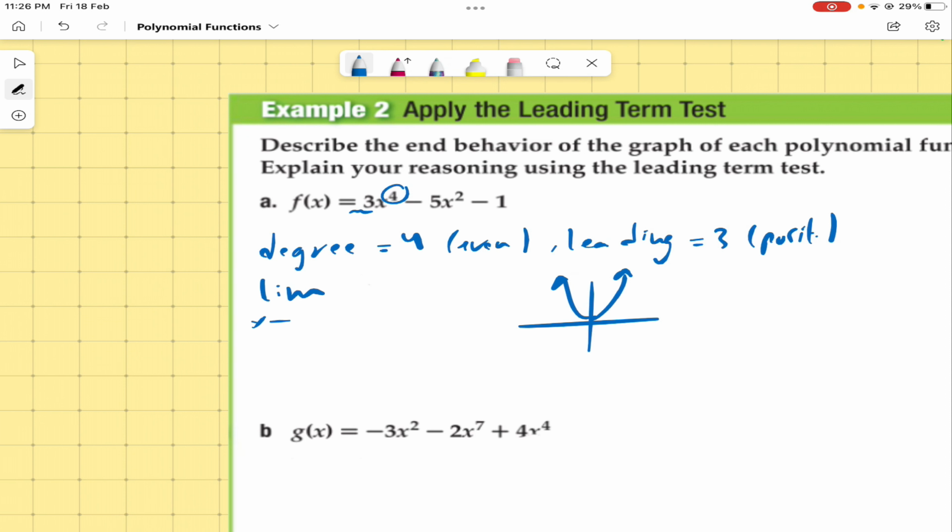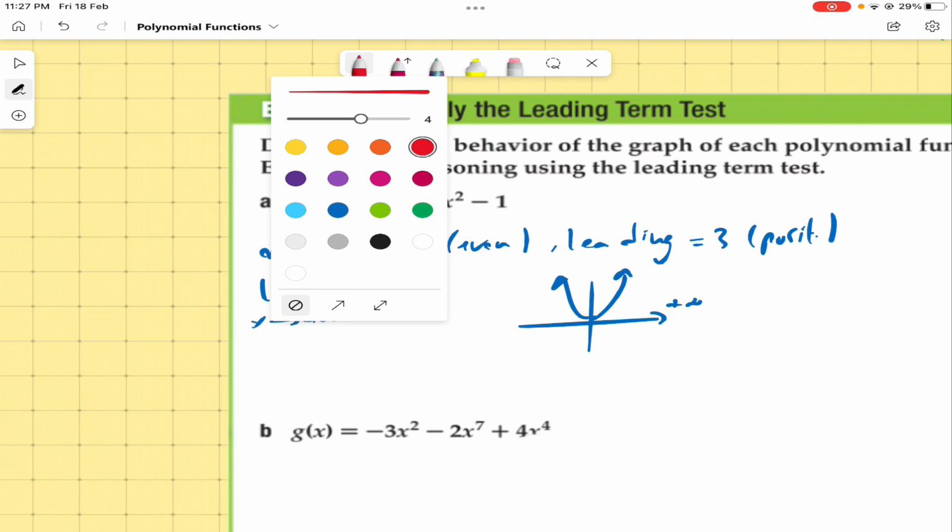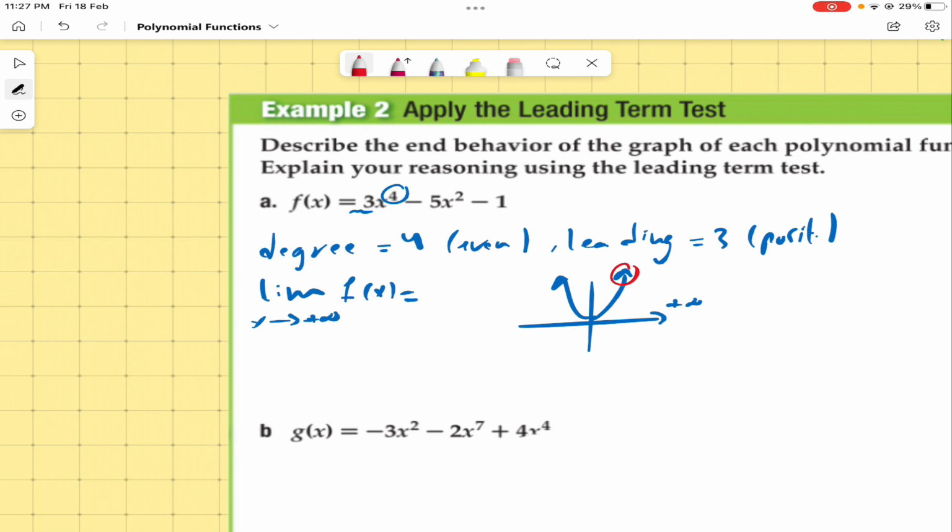So the end behavior is limit when x goes to plus infinity. Look at this part, when x goes to plus infinity. The arm is going up, which means plus infinity for the y.